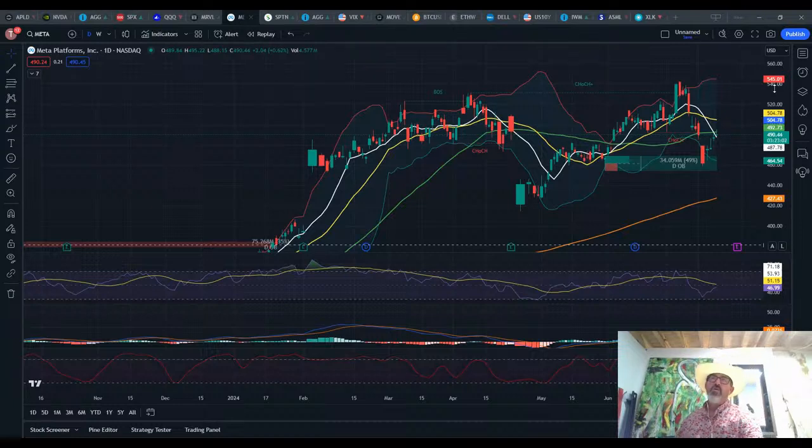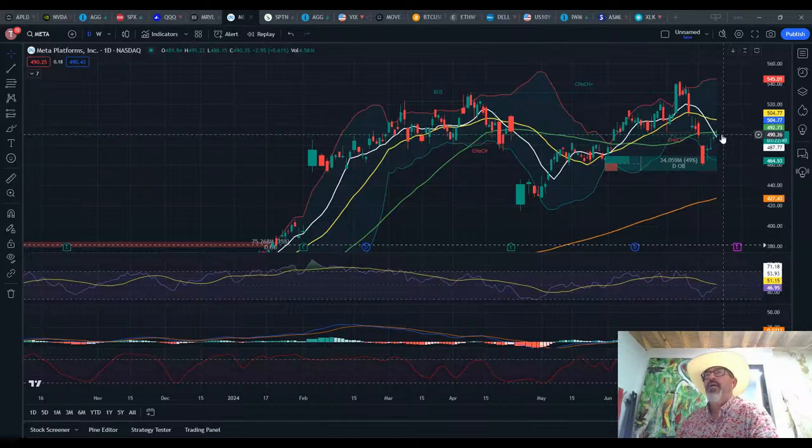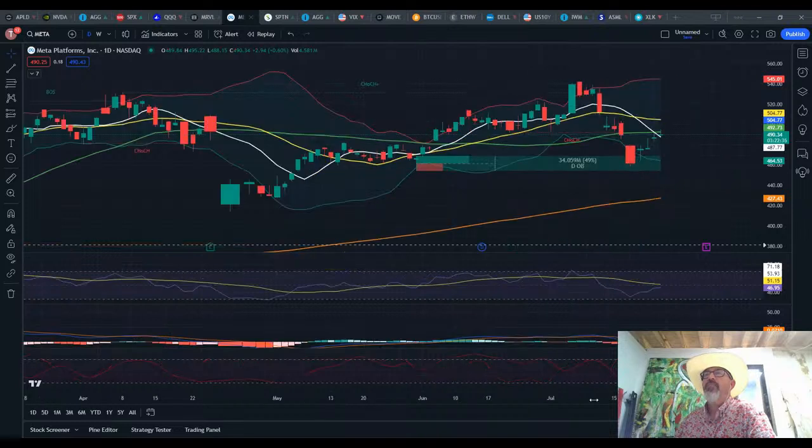So I look at Meta as a cautionary situation because they are so dependent on consumer spending, as is Google. They all get the majority of their revenue from ad spend.